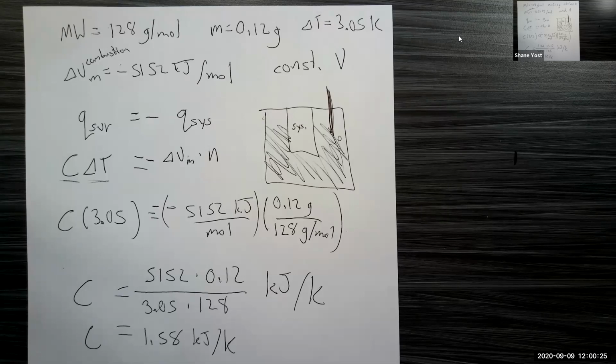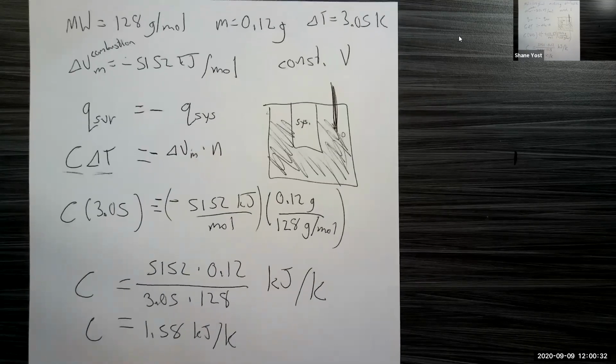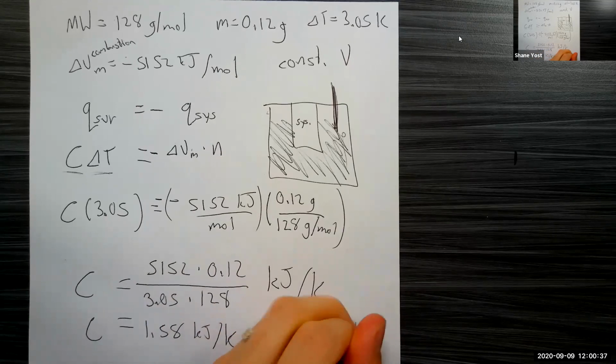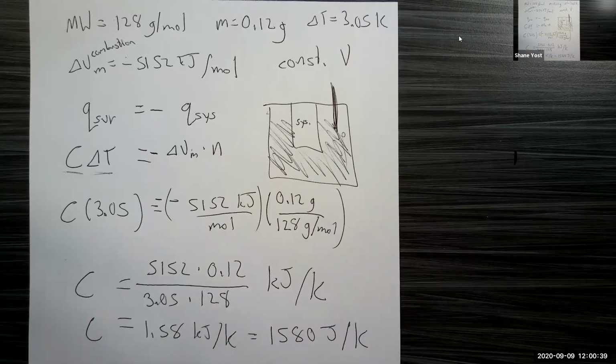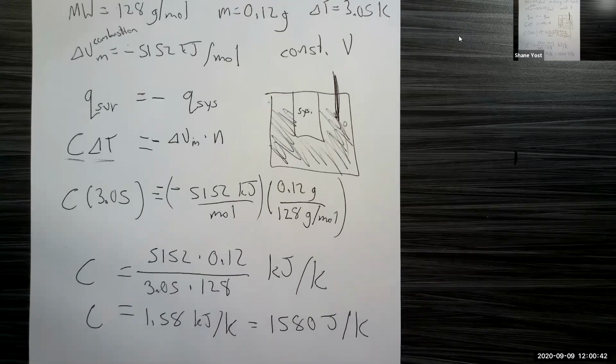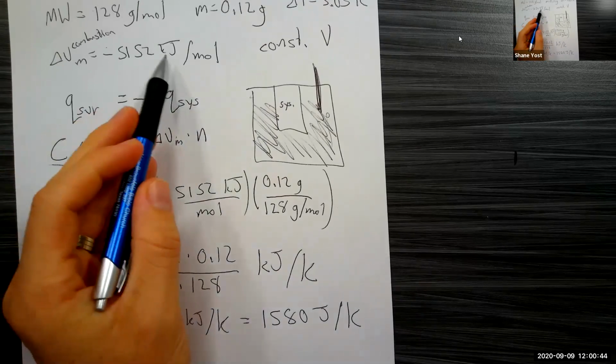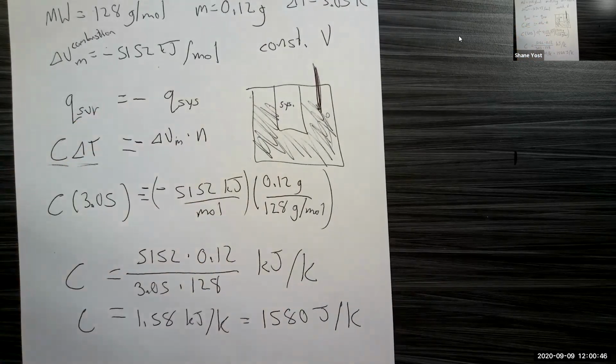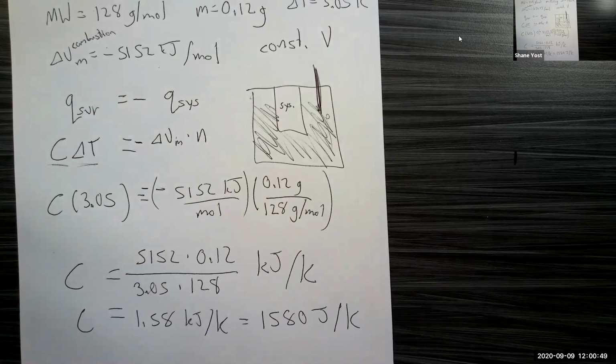Yeah. So Tyson here is asking, I thought it was joules per Kelvin. Right, so you could give heat capacity as, I mean, kilojoules is just joules times 1,000, right? So then again, this would be 1,580 joules per Kelvin, okay? It's the same thing, like the internal energy up there is written as kilojoules per mole. I could write it as joules per mole by multiplying it by 1,000. I could do megajoules per mole or something like that. It's like the mass itself, where the problem was given in milligrams.